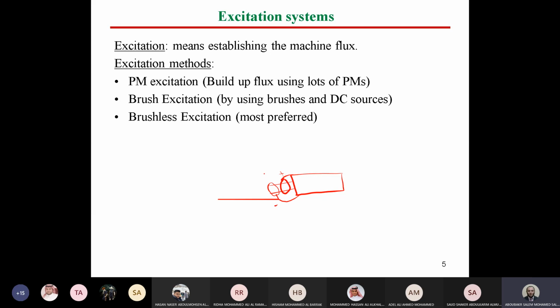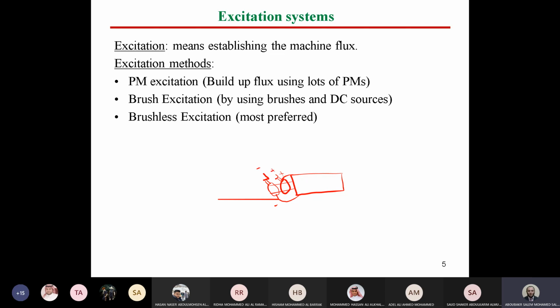So the brush is nothing but a spring pressing a carbon brush onto this ring in order to connect this negative part to the outside. And you will have another ring here in the same way, with a spring and a brush.